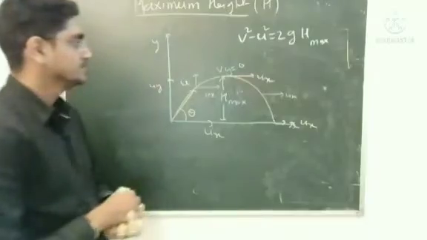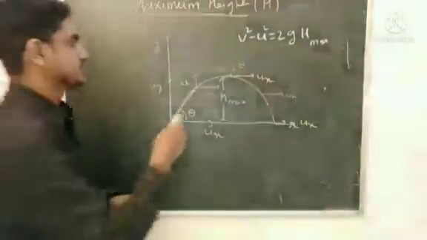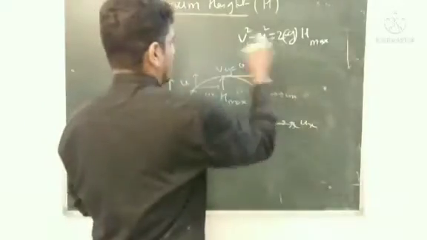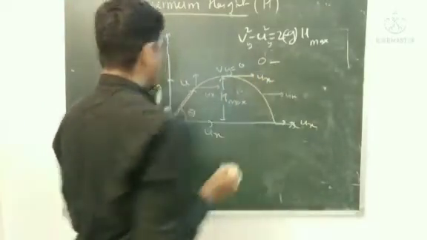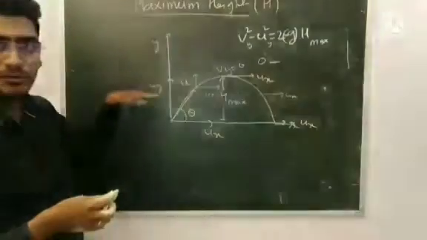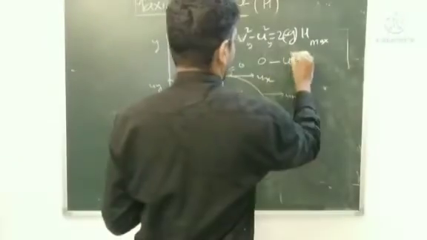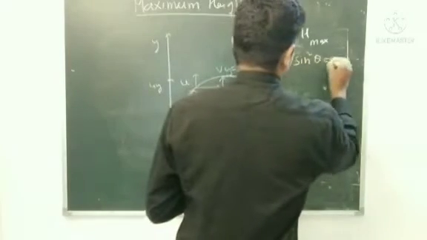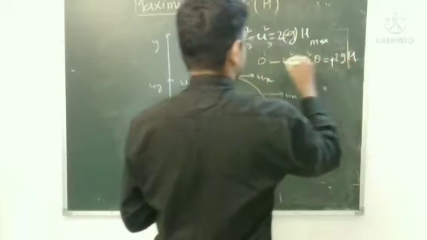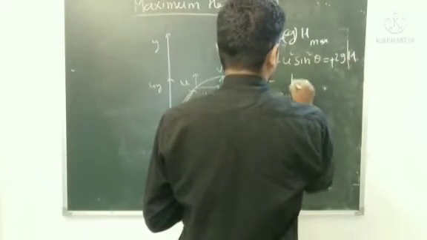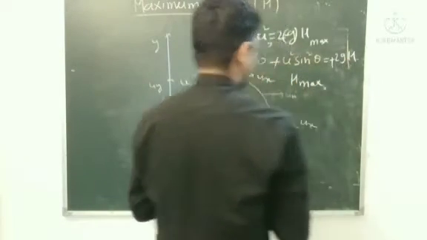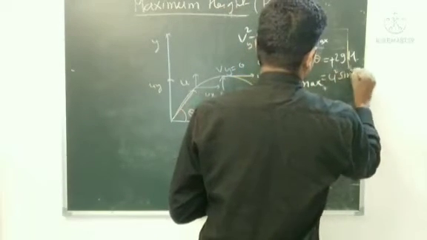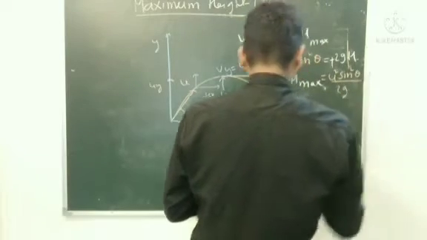Here g is negative. The velocity along the y component at the top is 0. uy is the initial velocity along the vertical component, so it is u sin theta, so u square sin square theta, minus 2 times g into h, minus cancels out. So if we calculate h max, this becomes u square sin square theta by 2g.